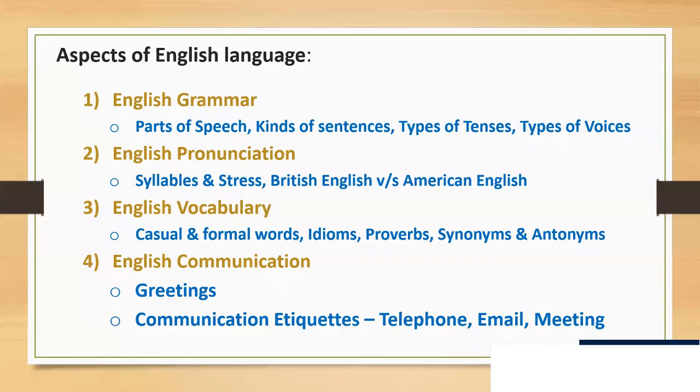So with these we will be discussing from a corporate communication point of view. In this one, of course, greetings, and communication etiquettes in a business environment, like telephone etiquettes, email etiquettes, and meeting etiquettes. Let's discuss each of these aspects in brief.